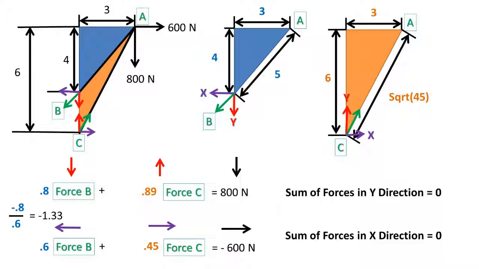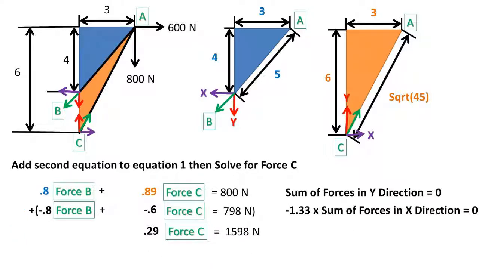So if we divide negative 0.8 by 0.6, we get that we can multiply the second equation by negative 1.33 to cancel out the force B portion of the equation when added. So now we'll multiply all of the constants in the second equation by negative 1.33. Doing so, we are left with negative 0.8 force B plus negative 0.6 force C being equal to 798 newtons.